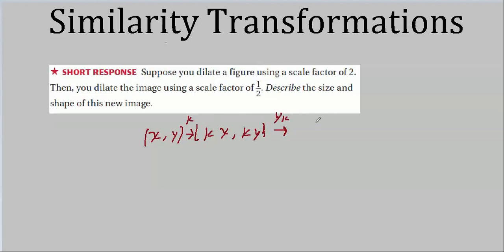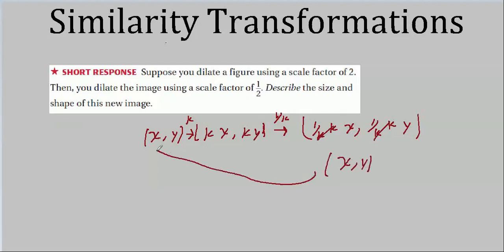Well, we get 1 over k times k x, and then 1 over k times k times y. And of course all these k's cancel, and we're just going to end up with the same x, y that we started with.